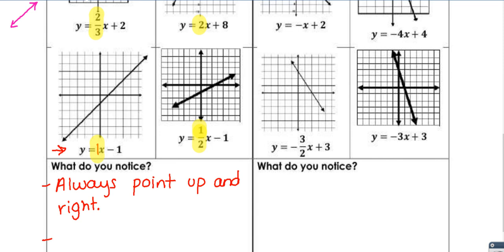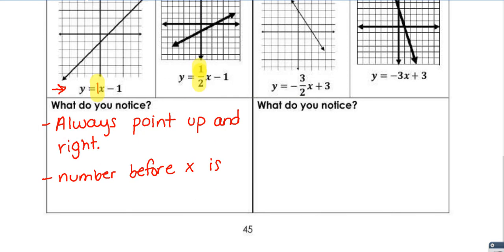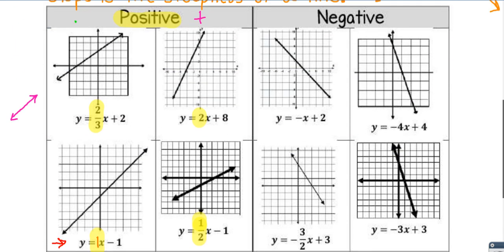And then we're also going to write that the number before x is positive in the equation. Okay, so pause the video if you need to finish writing that.